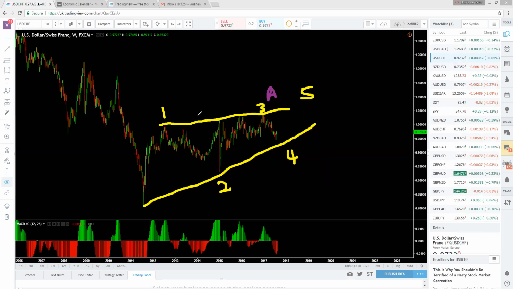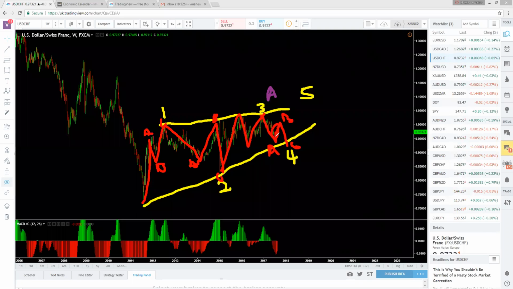Internal ones, 1, 2, 3, 1, 2, 3, 1, 2, 3. So what was I expecting here? I was expecting a 1, 2, 3 as well. So this is the current move. This move here, the A, B, C. It always does A, B, C.